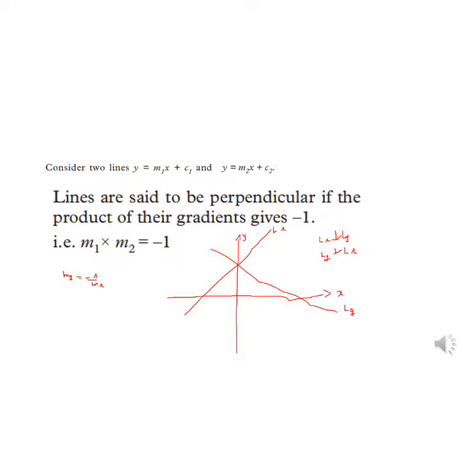So the essential thing you have to know here is that two lines are perpendicular if the product of their gradients is equal to -1. If m1, the gradient of the first line, times m2, the gradient of the second line, is equal to -1, we conclude that the lines are perpendicular, or orthogonal.